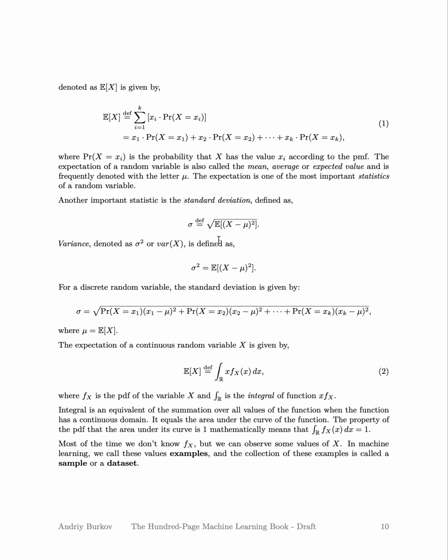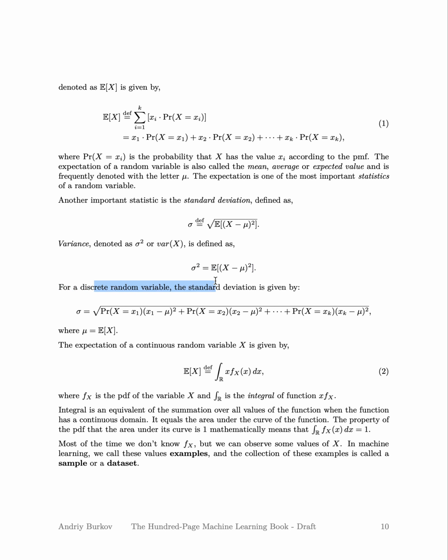And in standard deviation you put a square root on it, so it's the square root of your predicted values minus the mean, squared. As I told you, variance is simply predicted values minus mean squared.